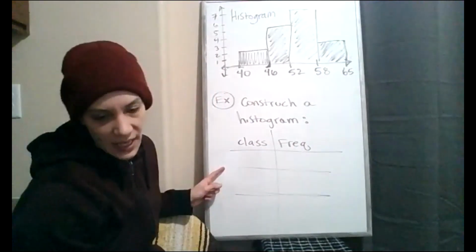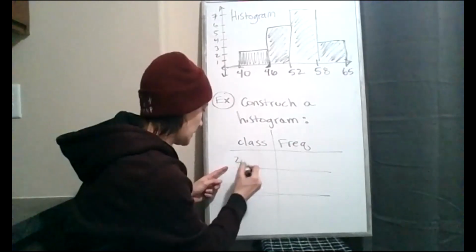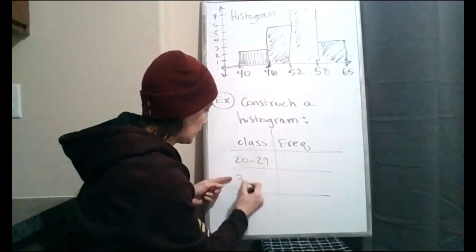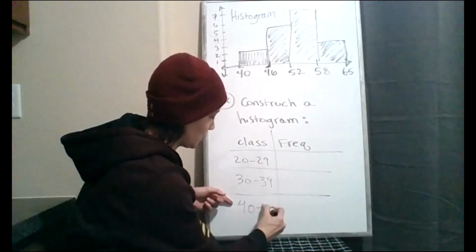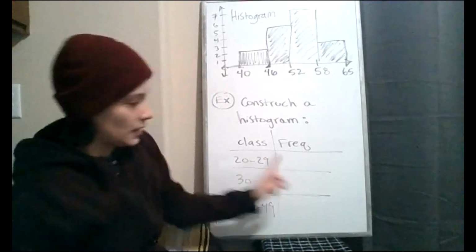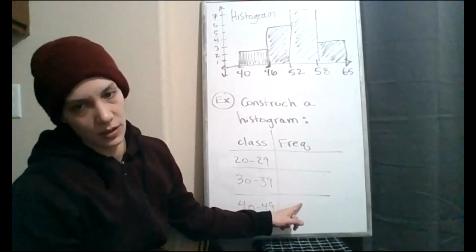All right, we'll do a class from 20 to 29, 30 to 39, and we'll go 40 to 49. Then there's frequencies 1, 10, 2.